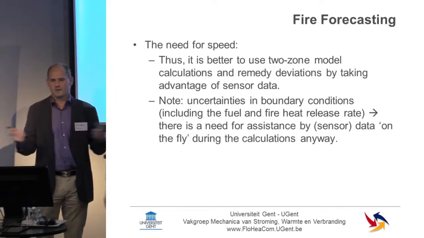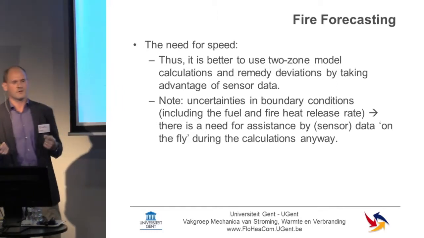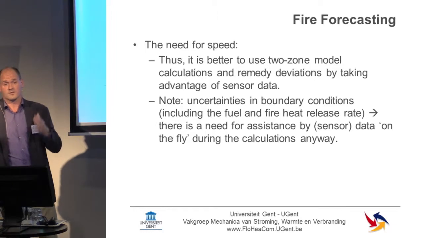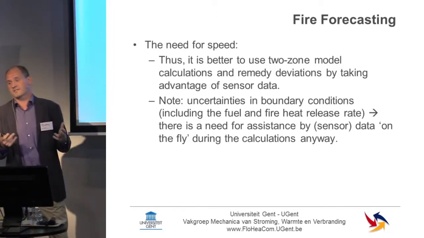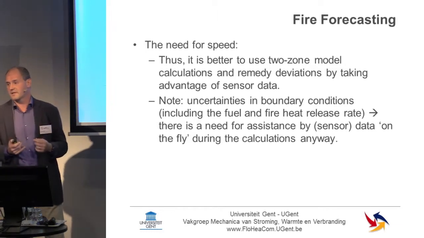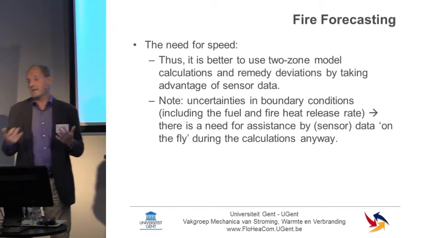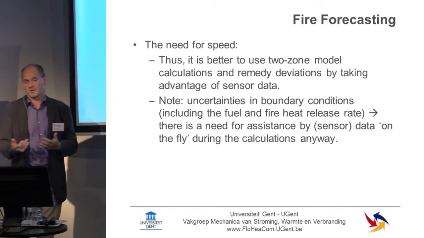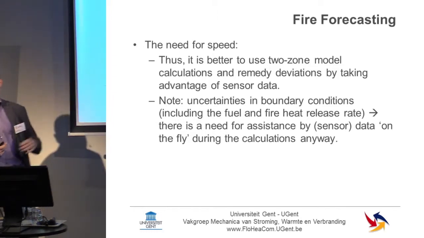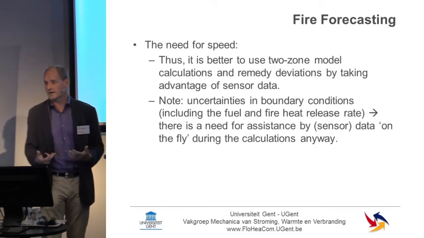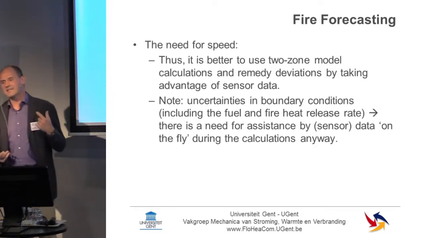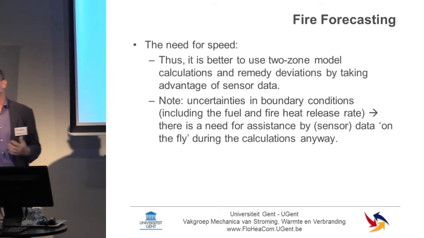Implicitly, it is assumed that it is right in the middle of the space, and then there'll be air from different directions. But if all of a sudden your fire is right next to the wall, the inflow of air will be different than what you assumed in the zone model. Now, it's a problem if you don't correct for that, because within the context of a forecast of a fire, it gives you unreliable computational results.